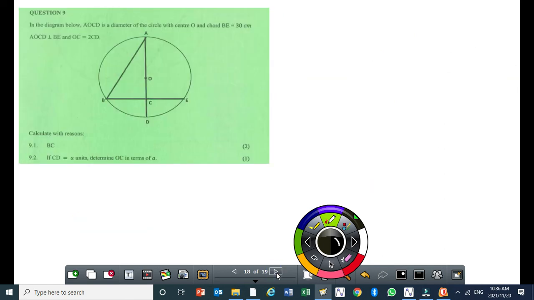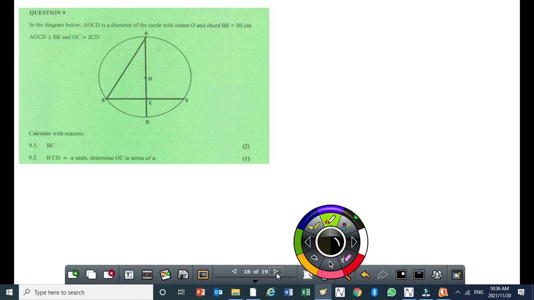Then theorem one. So when you see a diagram like this, line from center perpendicular to chord, line from center through midpoint of chord. So you can read the whole story here. OC is equal to 2CD, which means CD is half of OC.